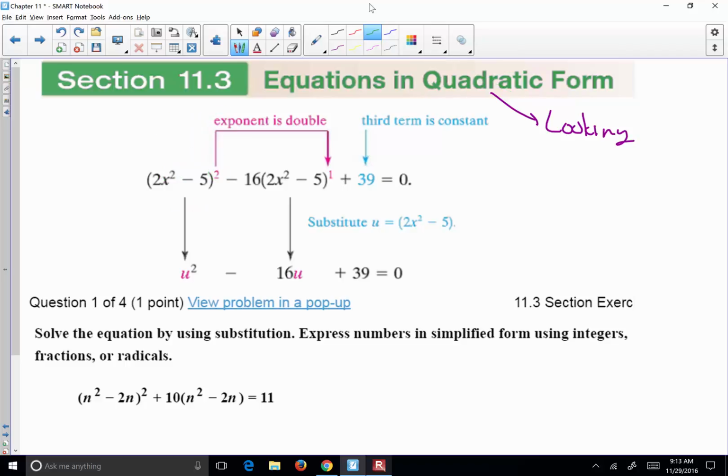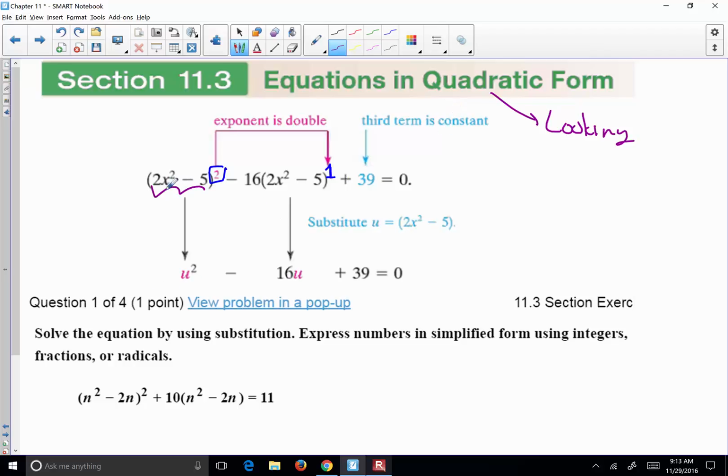Why is it quadratic looking? Look at this. You have a square. You have the first power, just like in the previous question, x squared, x, and 65, or 66, whatever it was. So when you switch the stuff under the square, call it a variable, anything you wish, u, z, t, any label you want, but in math we usually call the substitution variable u.